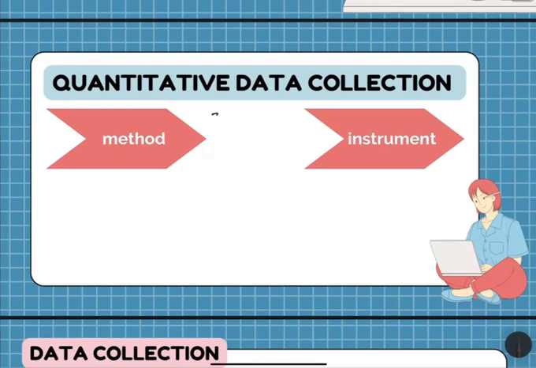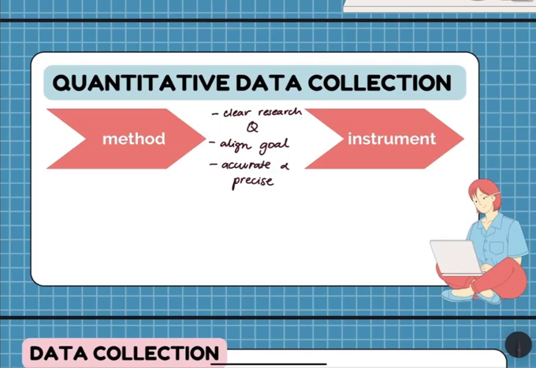Number one, you need to have a clear research question. A clear research question will guide us and align us to our goal. And if our research question is clear, then we can be confident that our data is accurate and precise.